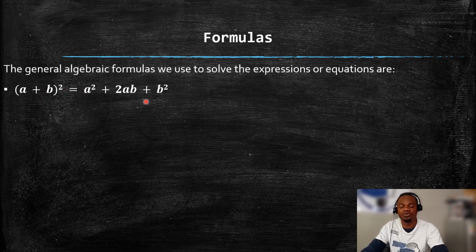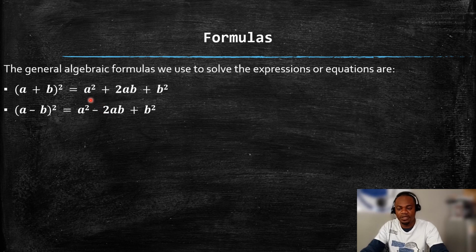This is equal to a squared plus 2ab plus b squared. And then a similar one, (a minus b) raised to the power of 2, is equal to a squared minus 2ab plus b squared. Note that the difference between these two expressions is just the second term: with a positive, it's positive, but with a negative, it's going to be negative.